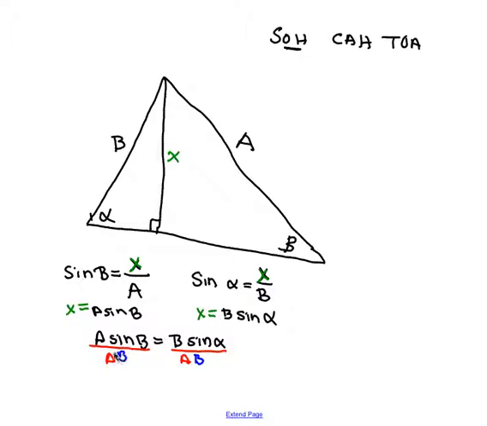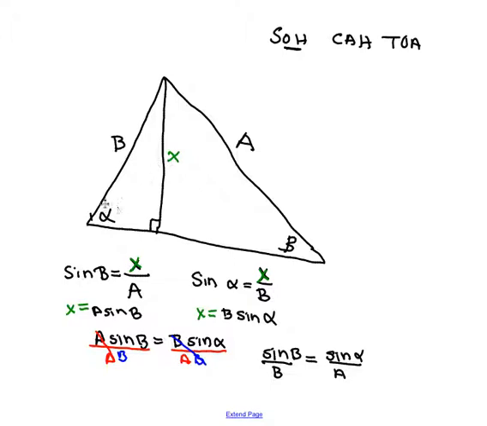On this side the A's cancel, and on this side the B's cancel, and I'm left with the ratio that the sine of B divided by B is equal to the sine of alpha divided by A.